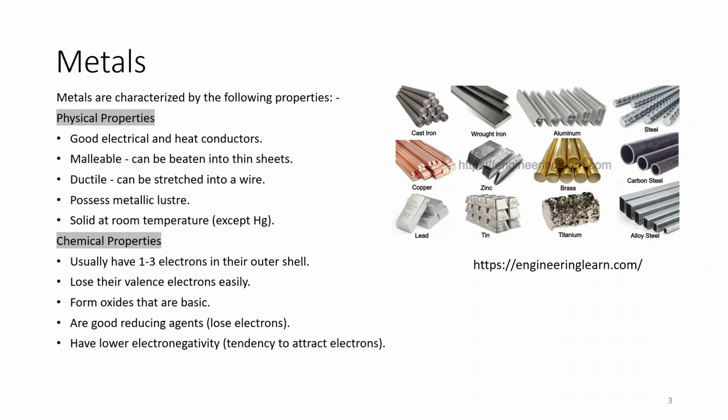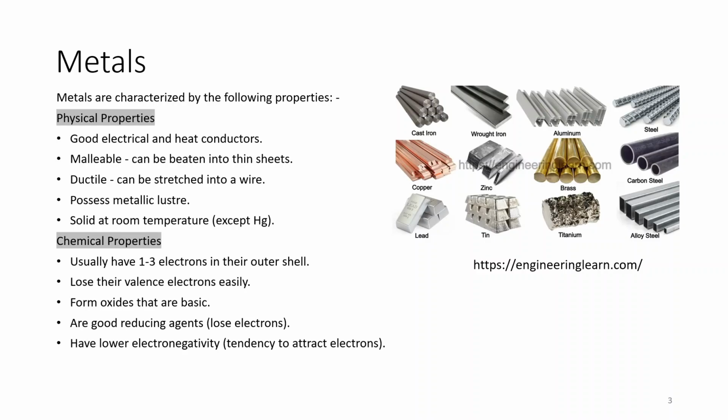Next you have chemical properties. They usually have 1 to 3 electrons in the outer shell, and they lose their valence electrons very easily because they are loosely bound. These form oxides that are basic, such as sodium oxide, potassium oxide, magnesium oxide, aluminum oxide.